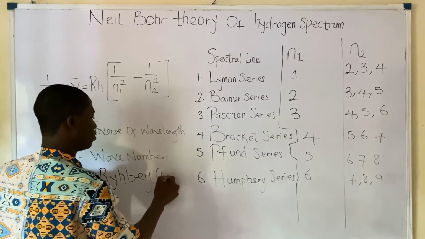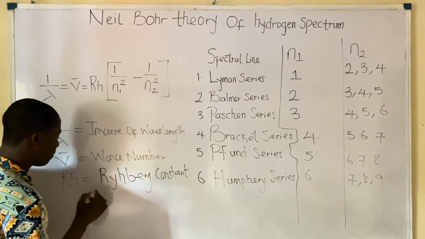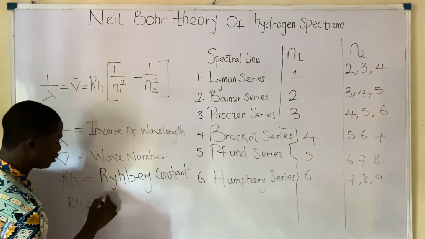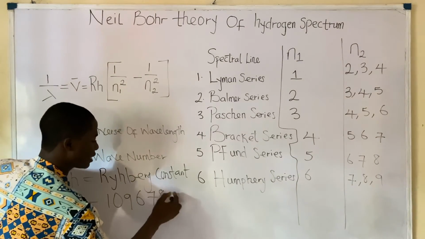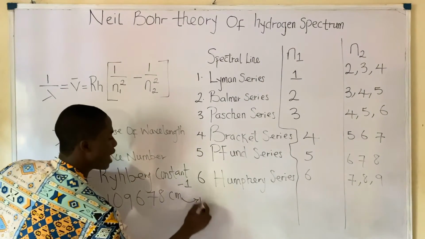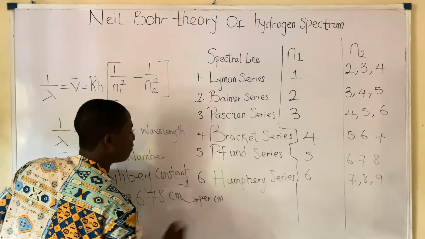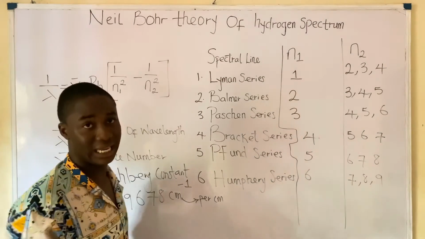This must be noted, and it has a particular value. And what is it? Rydberg constant RH is 109,678 cm raised to the power of -1, which is pronounced as per cm. And I'm going to talk more about the conversion as we progress in this video lesson.